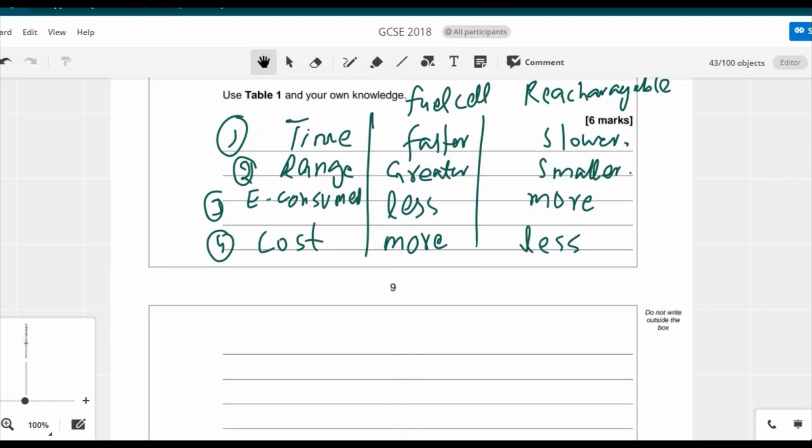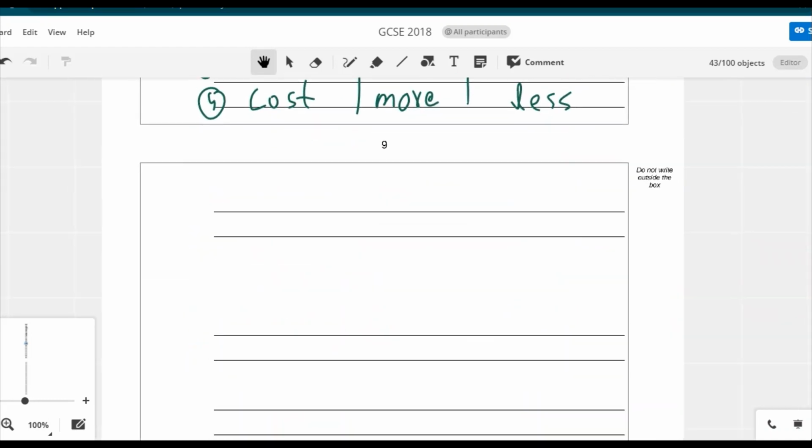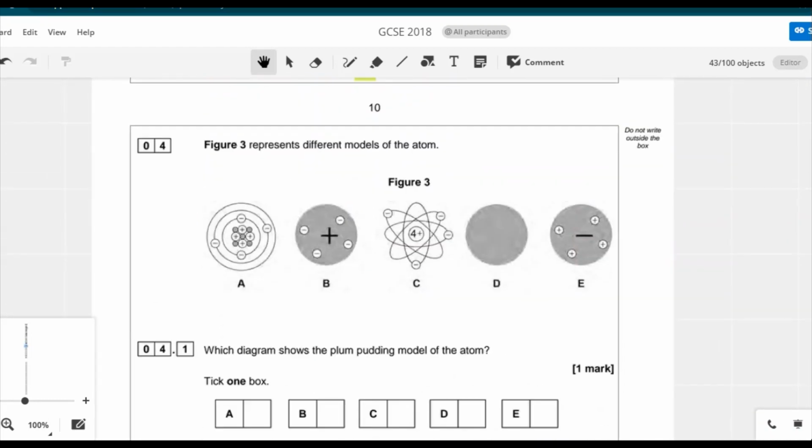So that is enough knowledge. Then we can evaluate the use of hydrogen fuel cells compared with rechargeable lithium-ion batteries to power electric cars. Okay, now move to the next question.